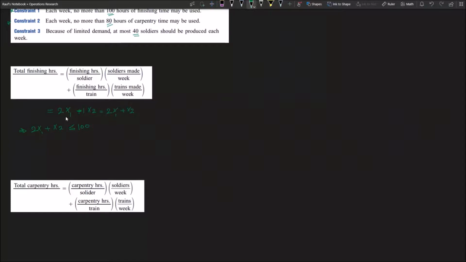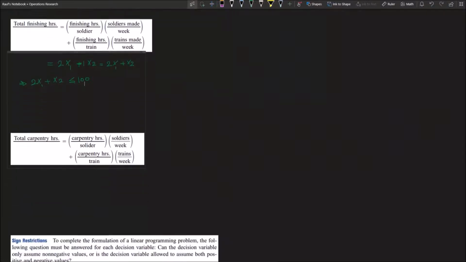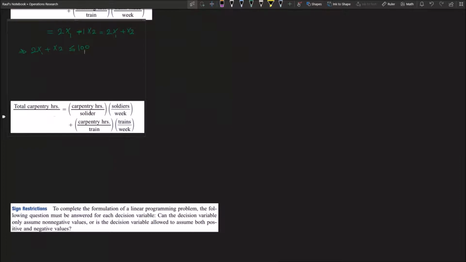For the second constraint, carpentry is less or equal to 80 hours a week, so we can say total carpentry hours equal carpentry hours over soldiers multiplied by soldiers delivered per week plus carpentry hours over train multiplied by train per week. And this needs to be represented in equation form as well.